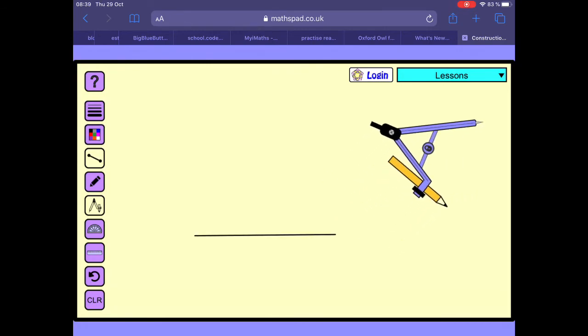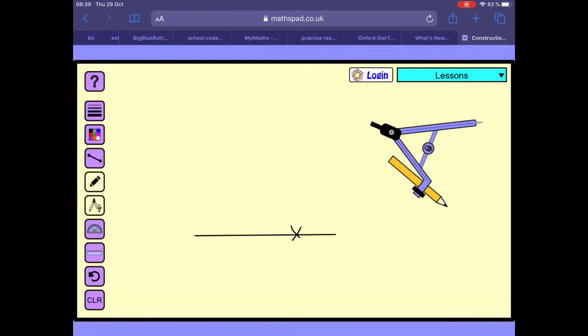They're going to give you that in the exam. But they are also going to give you a point on the line, such as that one there. So what they're going to ask you is to construct a perpendicular line to the line that we just drew that goes exactly through that point that I have quickly marked in there.